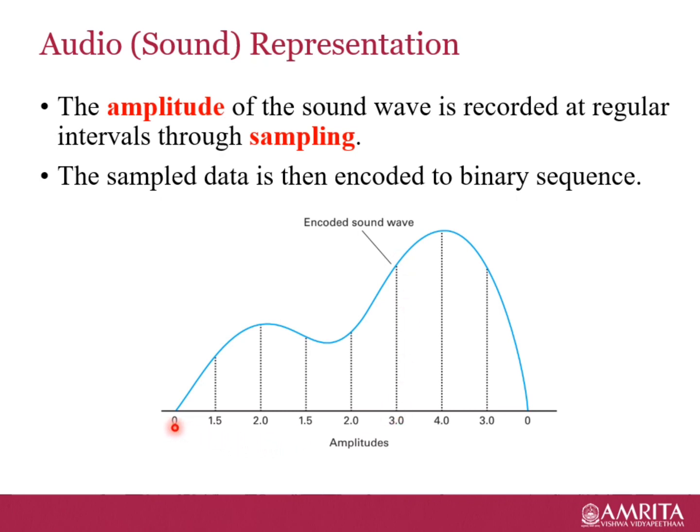The sample data is just numbers like this, containing the amplitude at those regular intervals. These samples are nothing but numeric data, and they are then converted to their corresponding binary equivalent. That is how an audio, which is analog data, is represented as its corresponding binary sequence.